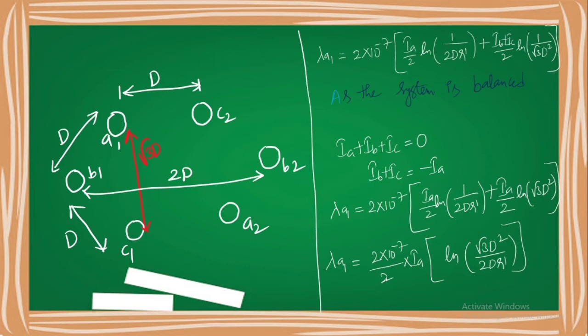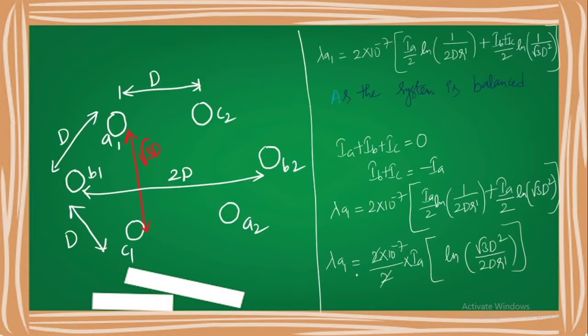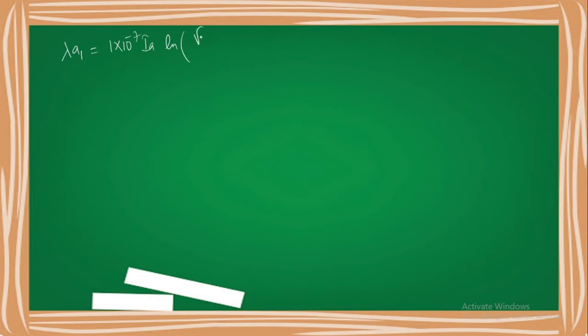So 2 and 2 get cancelled. Now lambda A1 is equal to 1 into 10 power minus 7 IA ln of, d gets cancelled, so it becomes root 3 d by 2 r dash.